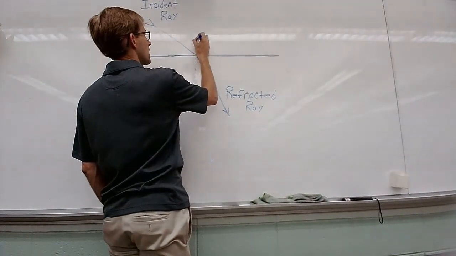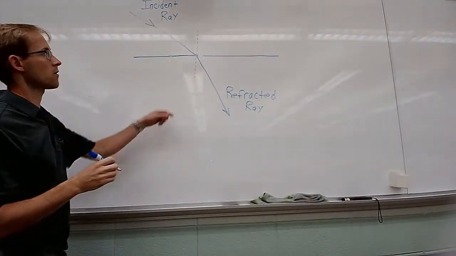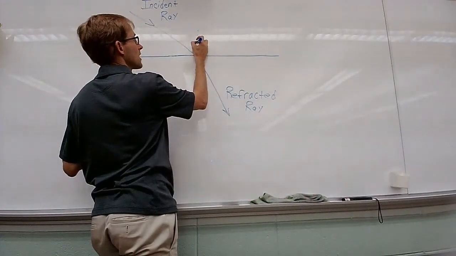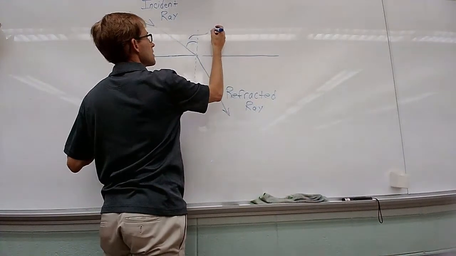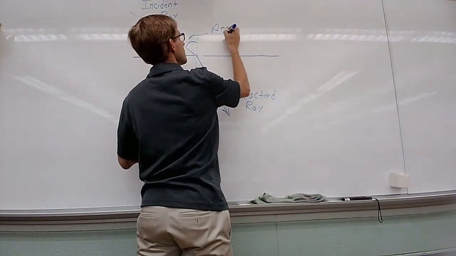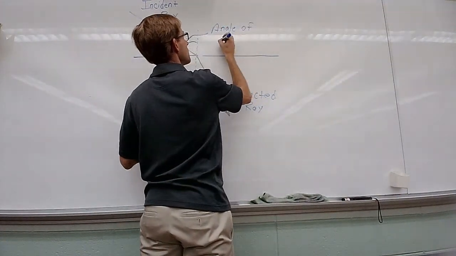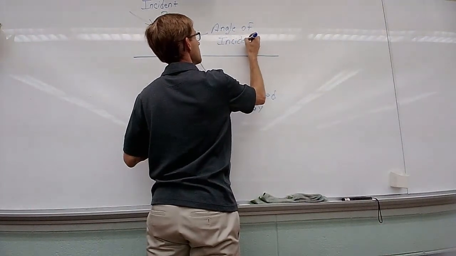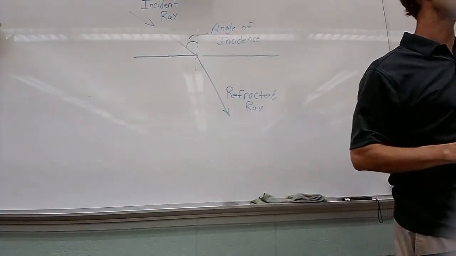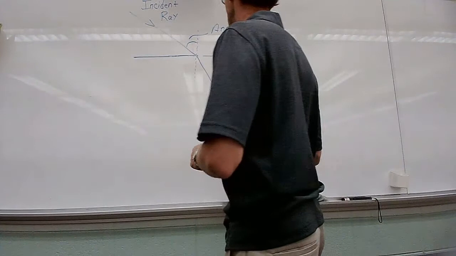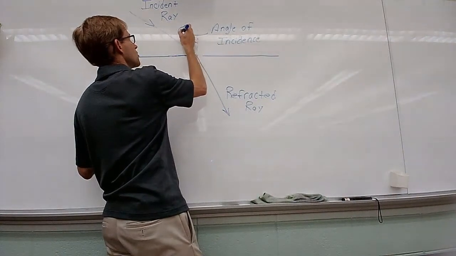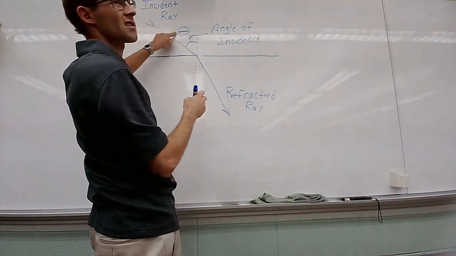Make sure that you draw a little dotted line that goes straight up and down from the point where the light hits the water. We use that when we look at angles. This would be your angle of incidence. You could also call it your incident angle. And the way that we draw angles when we don't know them in physics is with this little Greek letter.